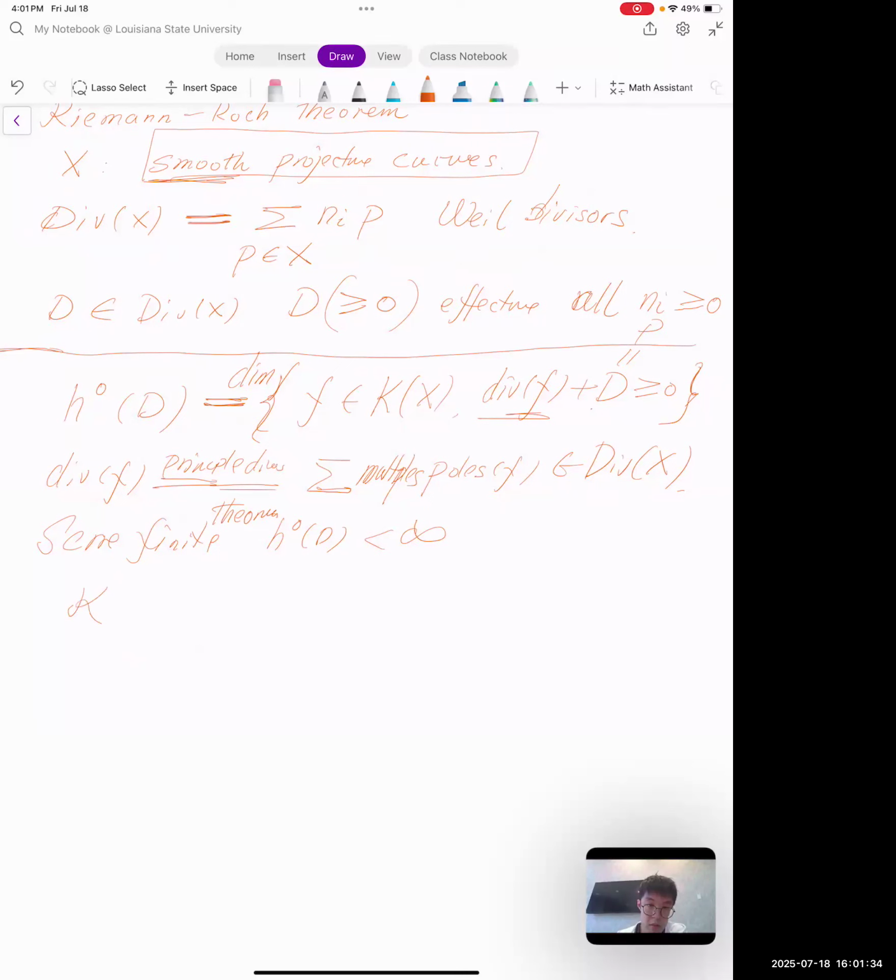It is the so-called canonical divisor, which I don't want to go into. If you know noncommutative geometry, you probably know it, like a rigid dualizing complex, something like that. But I'm not going to say that. The canonical divisor is associated to the canonical sheaf, basically the Kähler differentials. It's a line bundle called the canonical sheaf.